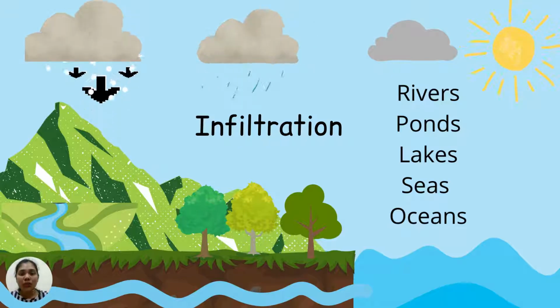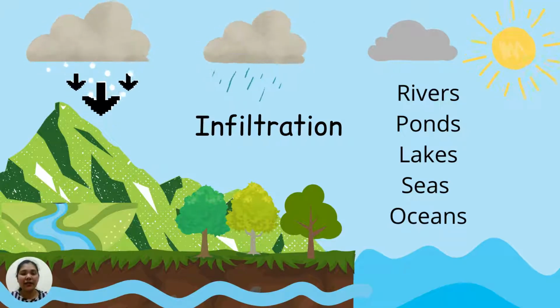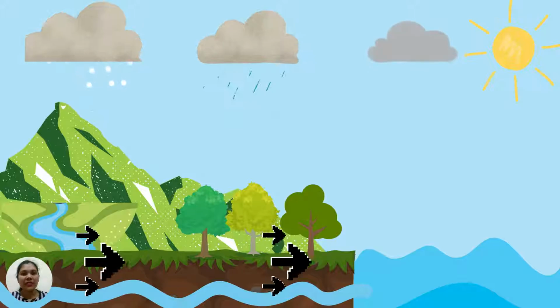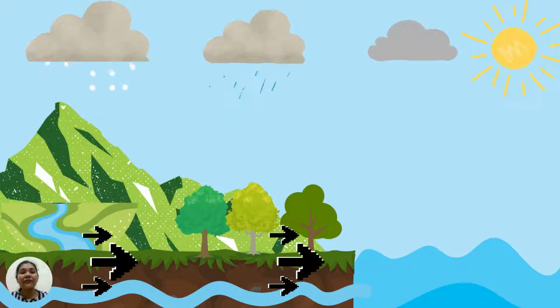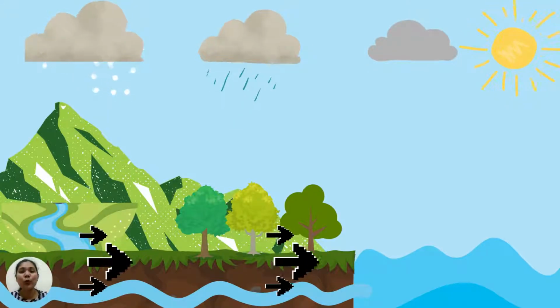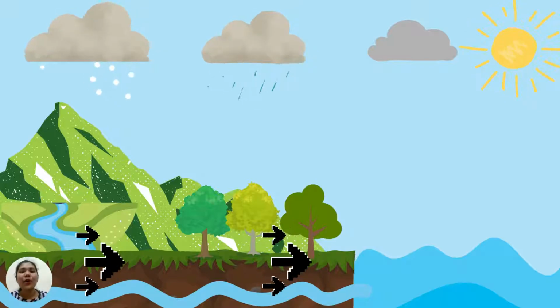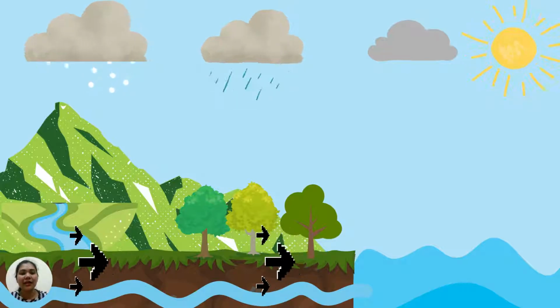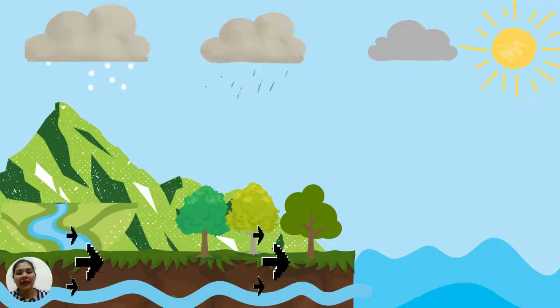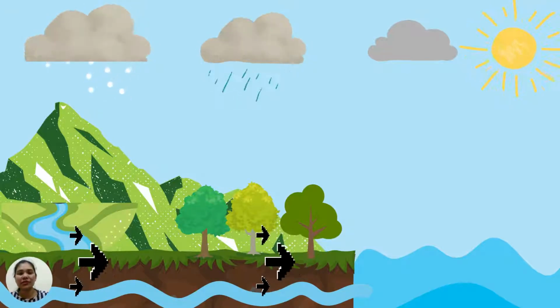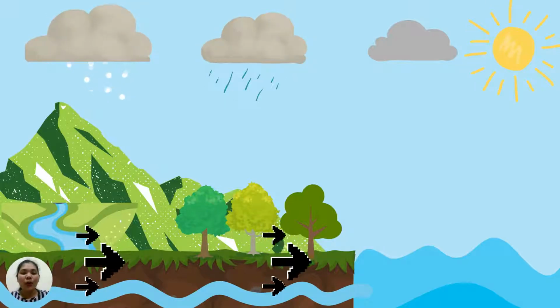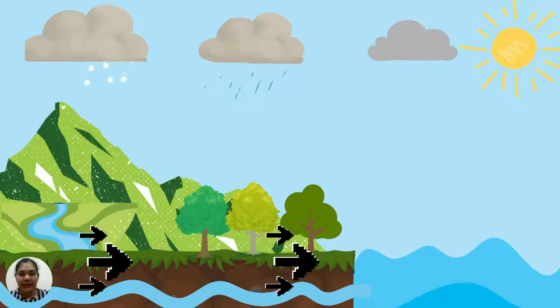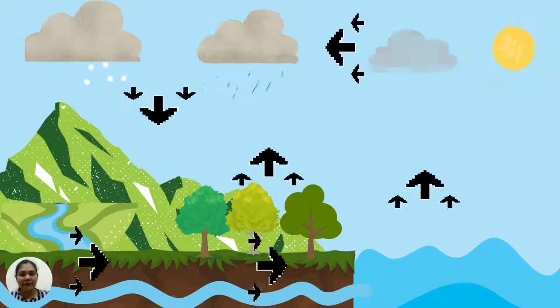So under the ground, water is also moving, right? And most of the time, if it is close to a body of water, like oceans, rivers, or lakes, it will slowly go back there, and the whole cycle begins again.